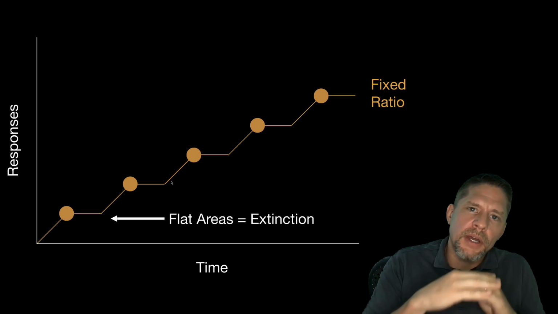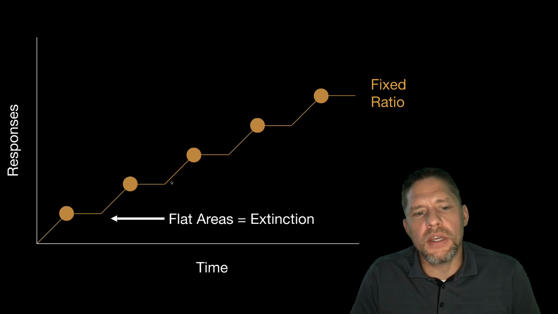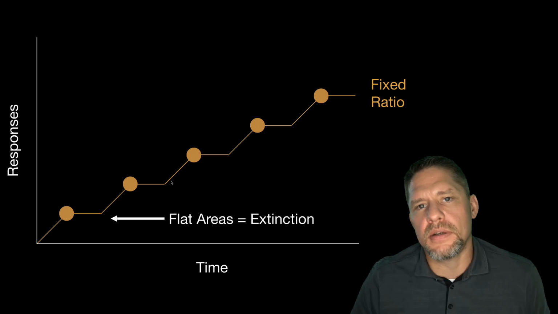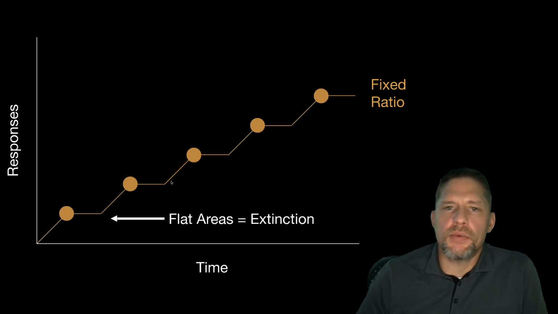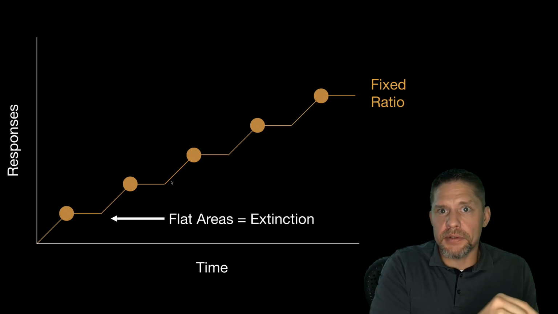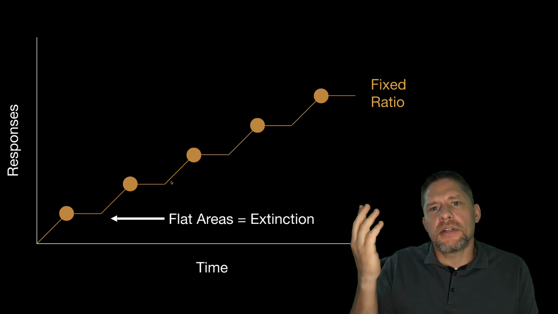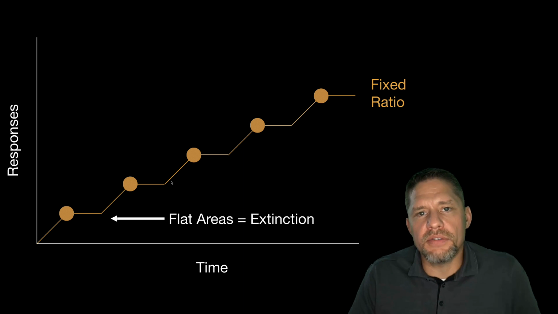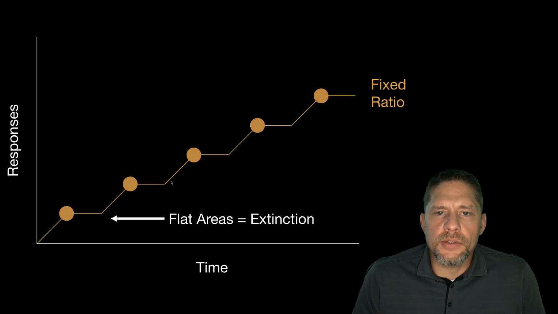Until they level up, they're satisfied, they log out, and they cease collecting XP. We see the period of extinction. So that's my example for fixed ratio. Remember, a fixed amount of responses, behaviors that the player has to perform, yields a known and set quantity of reward.